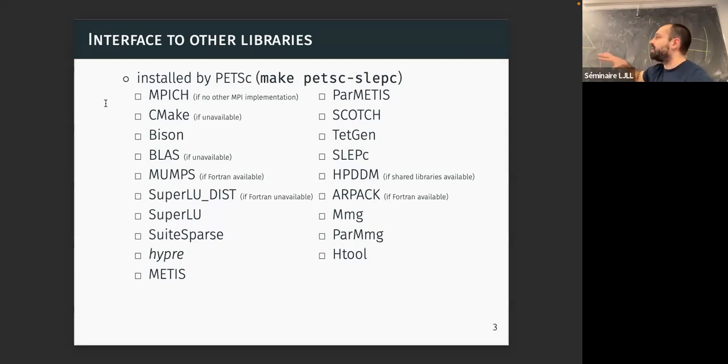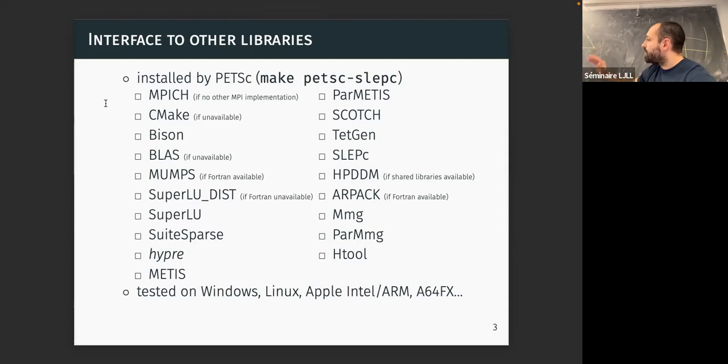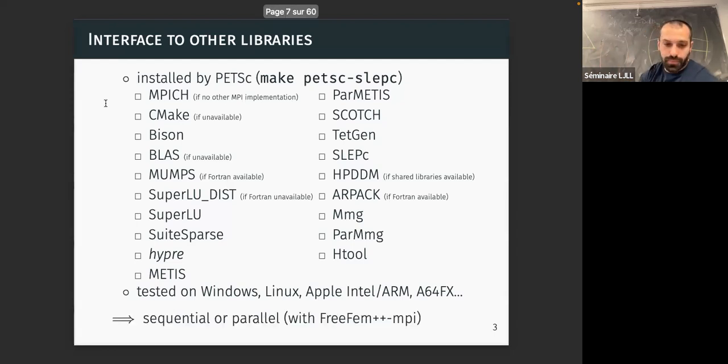So all this is automatically installed for you by PETSc, but it is then used by FreeFEM. Of course, if you already have your PETSc installation, you can use it, and then FreeFEM will use it. But of course, if you don't, we do it for you. So this is working on Windows, Linux, macOS, either Intel or ARM, Fujitsu CPUs, and so on and so forth.